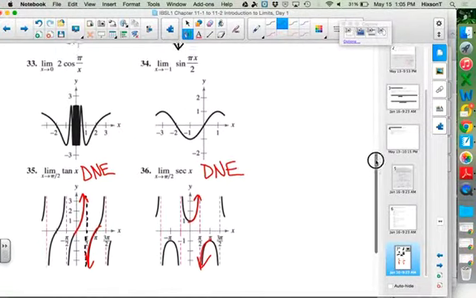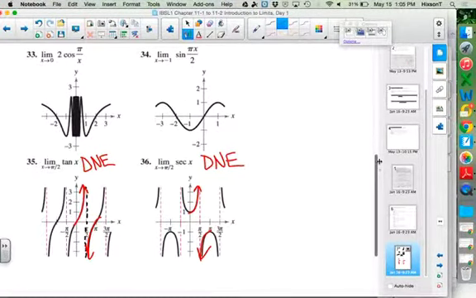So now 33 and 34 presents us with a little bit of a dilemma. We looked at one like 33 yesterday. What did we call this kind of behavior? Oscillating. Yes, this is oscillating behavior. We're going between -2 and +2, between two fixed values. So this one, it does not exist.